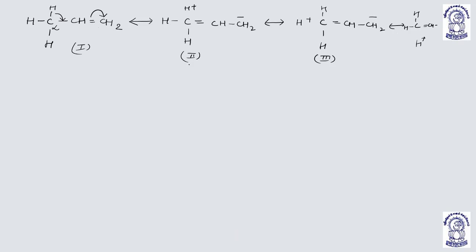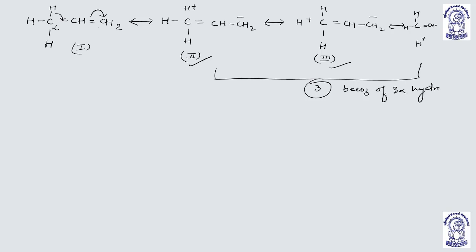You can see this structure and this structure. In total we have three hyperconjugating structures, because we have three alpha hydrogens.